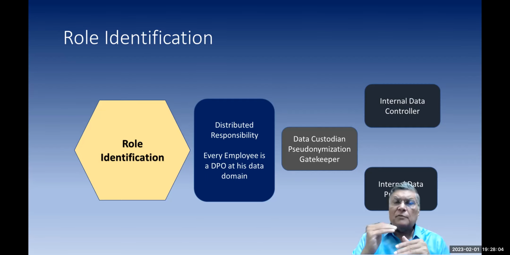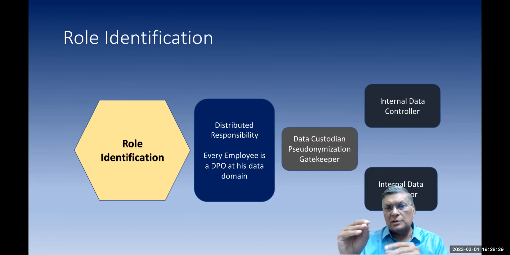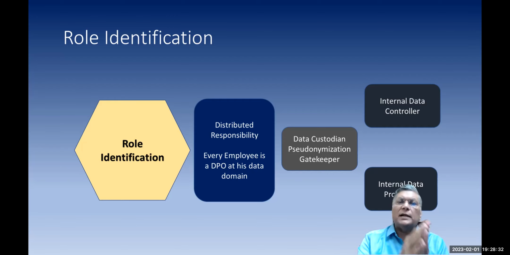So again, by dividing this into two categories, we are reducing the responsibility of one set of people. Therefore, the responsibilities are lowest at the internal data processor. He has to just follow what instructions he receives as a desktop operator. Internal data controller is like the departmental head who determines how the process is to be done. And the data custodian or the pseudonymization gatekeeper is the person who really knows the identity.